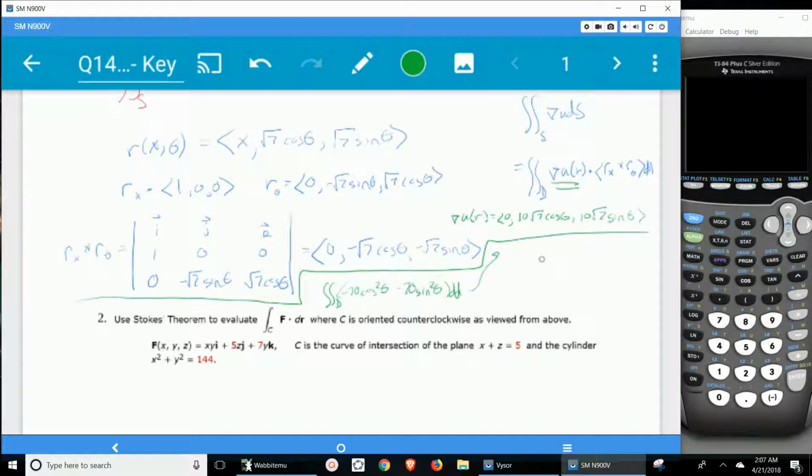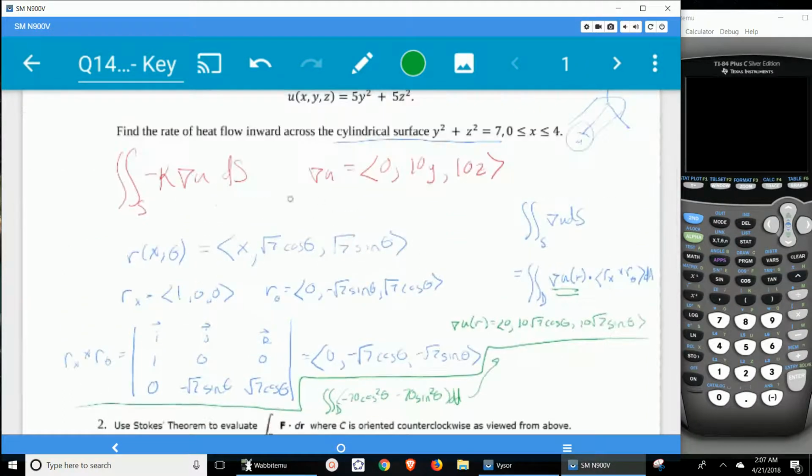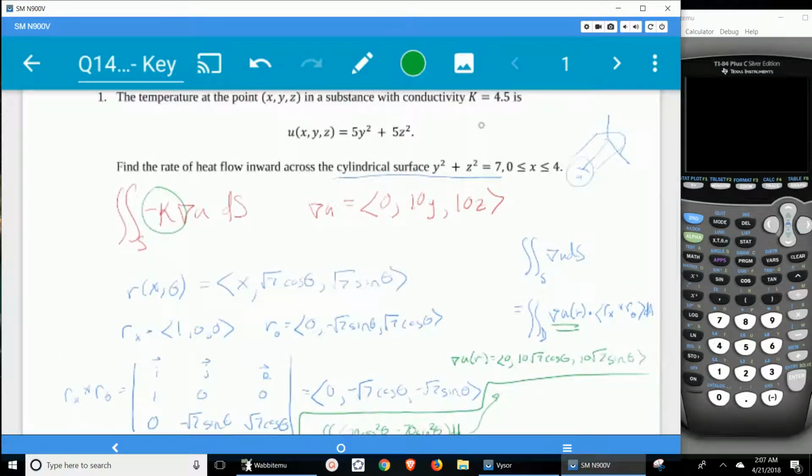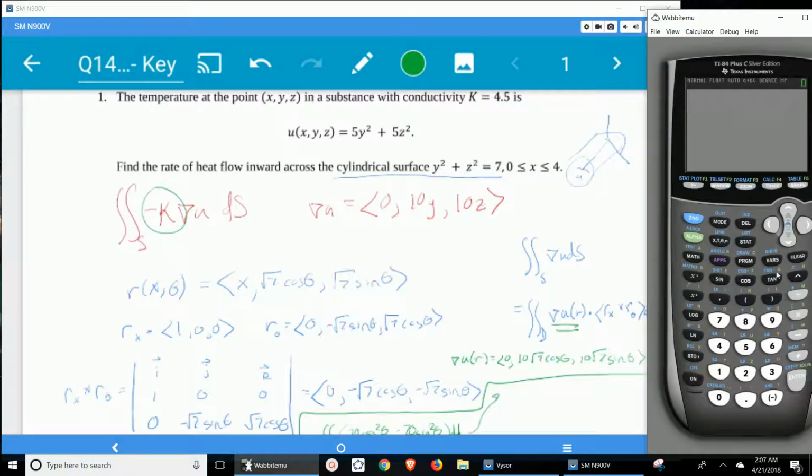Now remember, let's not forget our negative k was there. So if I pull out this negative 70 and hit it with this negative k, what is that? Negative 70 times negative k, 315.